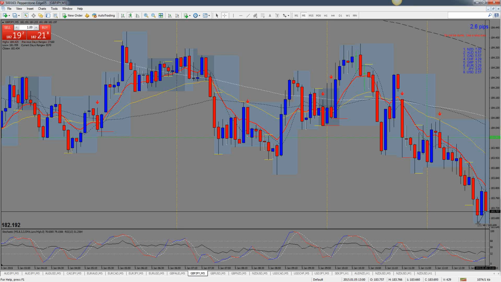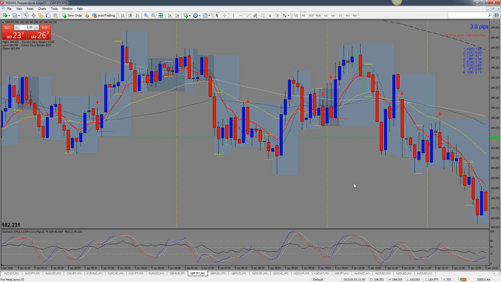Our next swing low is 5 pips away. Our RSI is below 50, which is good, but our stochastics is coming up from the oversold area, so it's a valid entry, but it doesn't have all of the key elements of taking the trade.